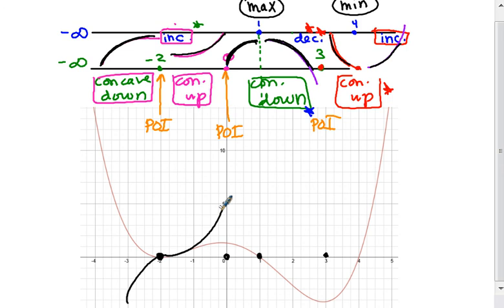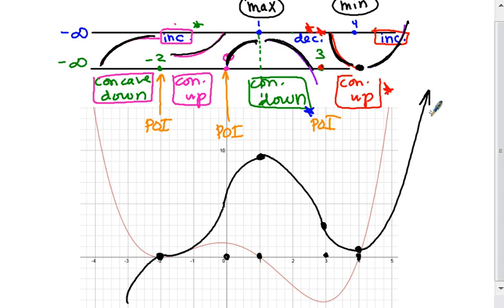It needs to go like that up to there, has a max, and then bends down until we get to 3. Okay, and then to the right of 3, we're going to bend like that. We're going to see a min, and we're going to bend like that. Here goes. Let me label my important point. So we're bending now this way, and then we're bending up like that and off to forever.